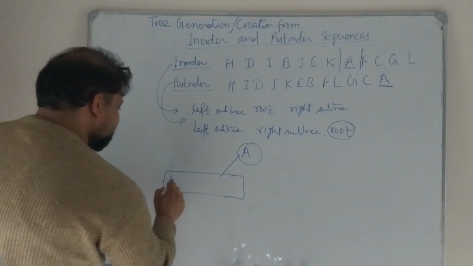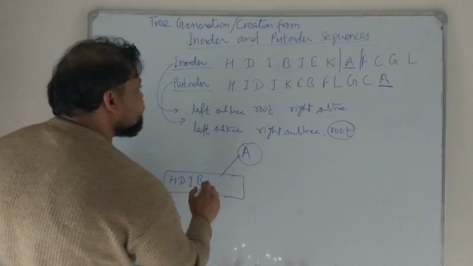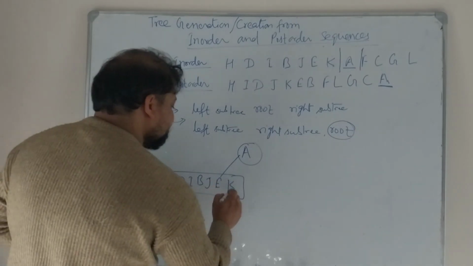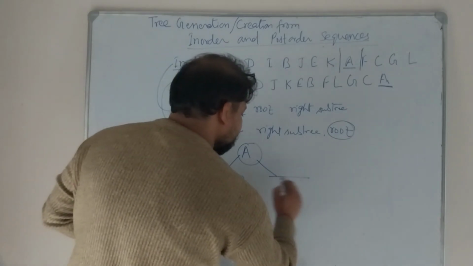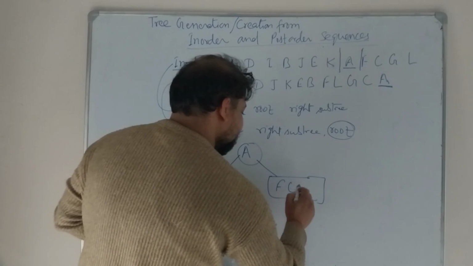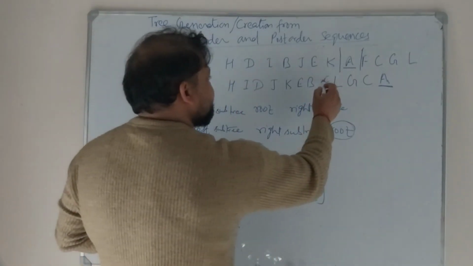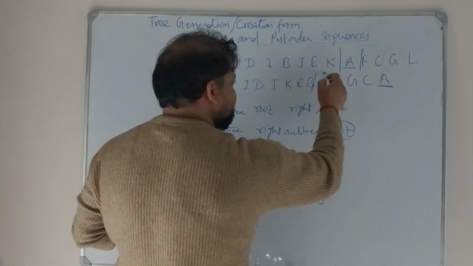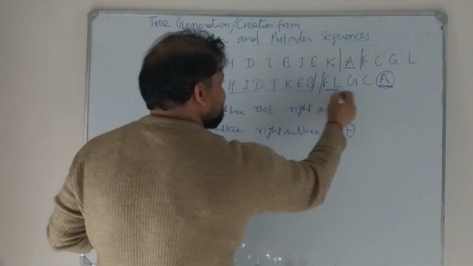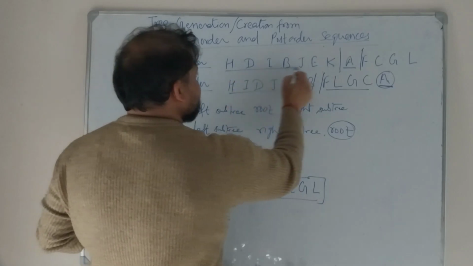The left part will have H D I B J E K, and the right part will have F C G L, and correspondingly the post-order will also split here. So this is one subsequence and this is the other subsequence in the post-order, and this one is the subsequence in the in-order correspondingly.